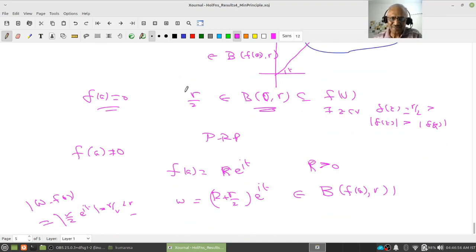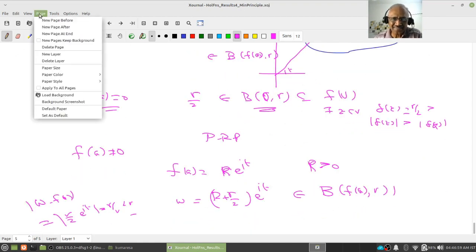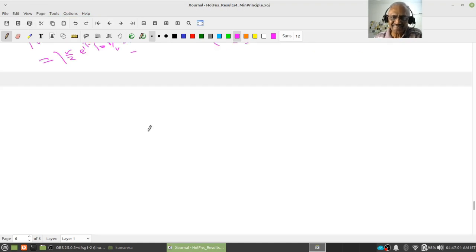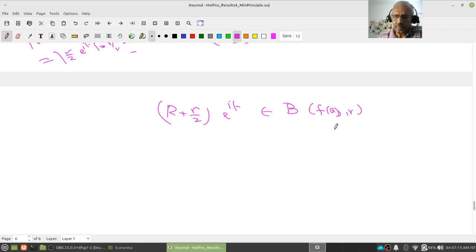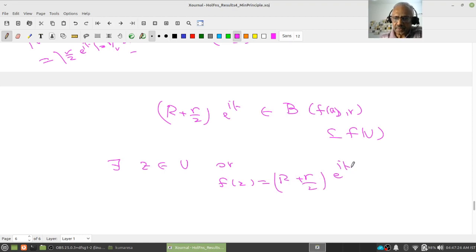Now do you believe geometry helps me? Whereas my earlier attempt was slightly wrong. Good. Therefore R plus R by 2 times e power i t belongs to B(f(a), R), but that is contained in f of U. That means there is a z in U so that f of z equals R plus R by 2 times e power i t.